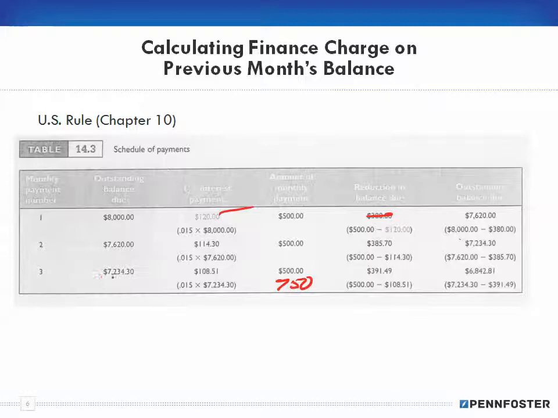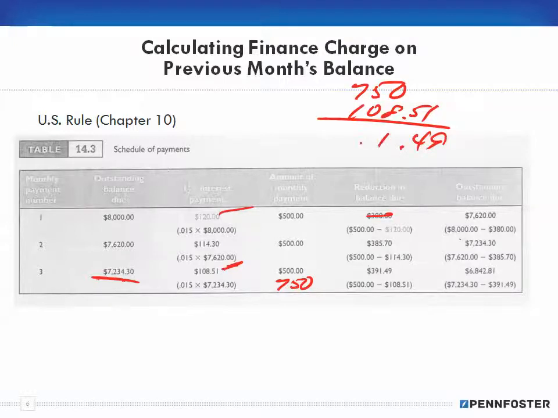Why? Well, if I started out with this beginning balance and I'm going to owe this much in interest, well, out of $750, I'm going to subtract $108.51, which would mean I have 49 from 9, that's 1, 4, so I'd have, instead of $391.49, I'd have $641.49 of principal.